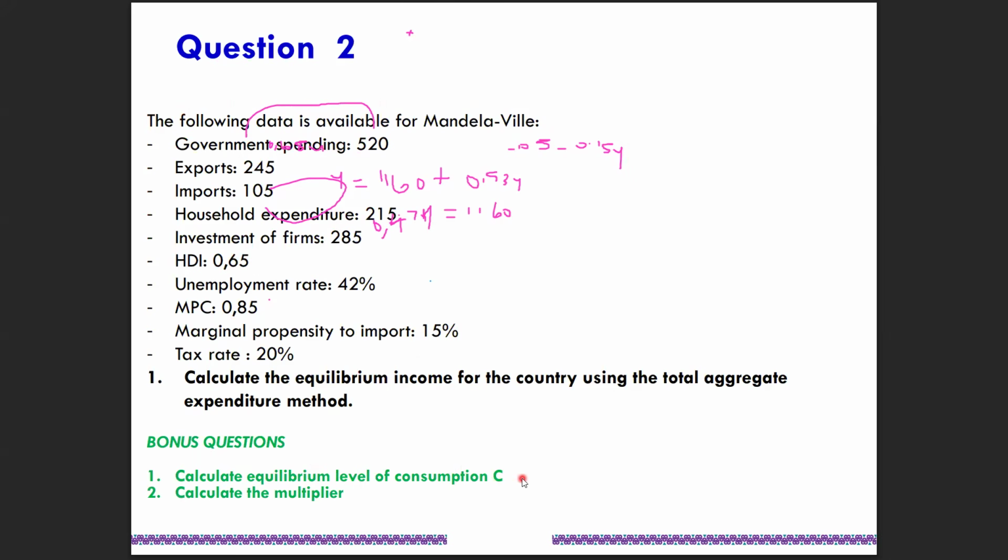And then they also said calculate the equilibrium level of consumption, right? So they ask you to calculate the equilibrium level of consumption. So you know that the consumption function is given by C equals C bar plus C times Y. And because this is not just any income, it's disposable income, it's given by YD, right?